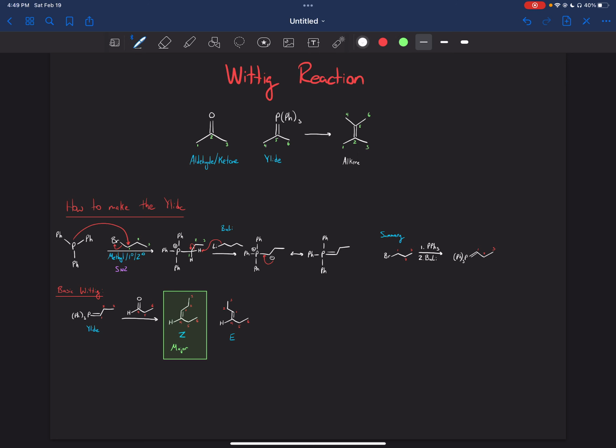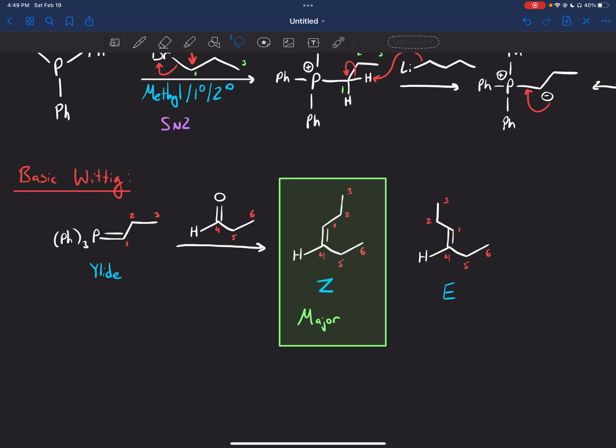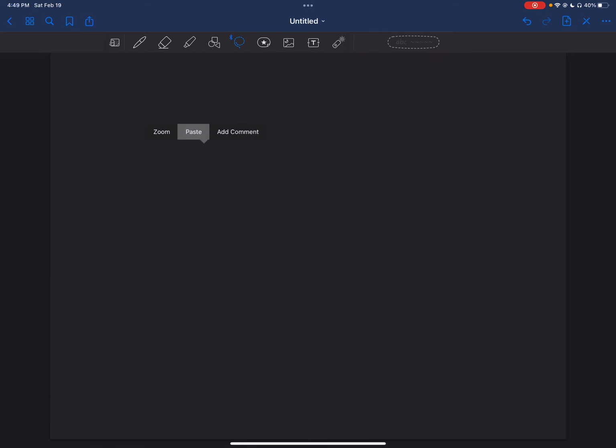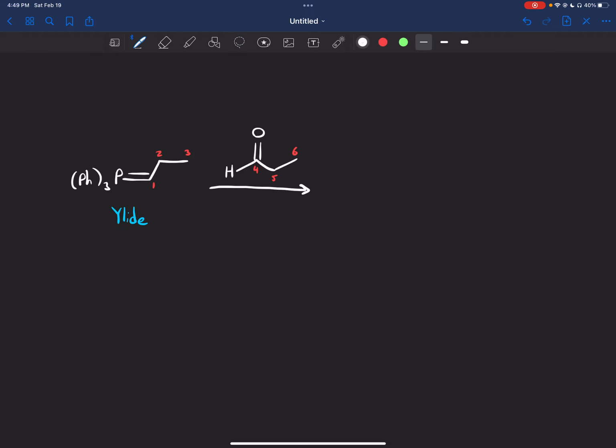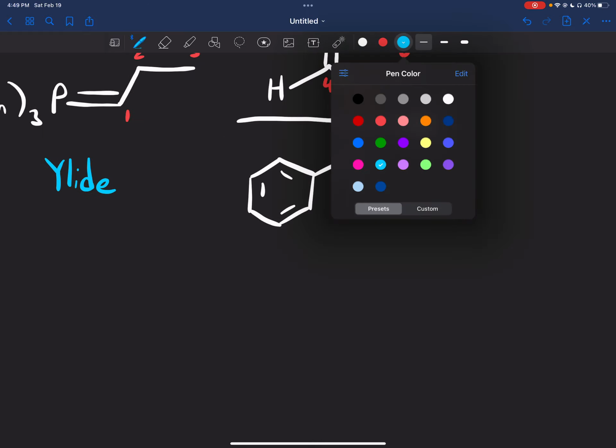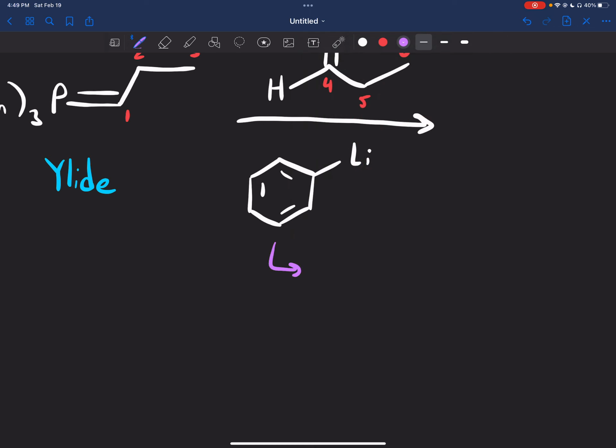Now, let's say we do the same exact reaction, but let's say we add something new, like this: a benzene with a lithium. What's so special about this? This is a benzene with a lithium.